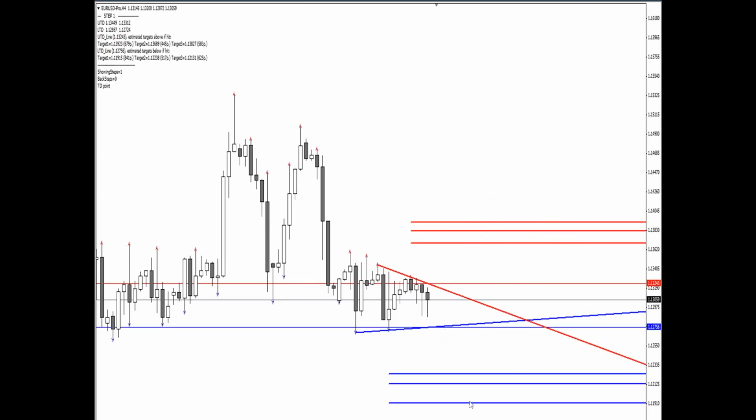So I advise you, if you still want to learn about Tom DeMark, you need to demo test everything. So first of all, if you want to trade Tom DeMark trend lines, do not do it live. You need to demo test it before you go live and see how it behaves.